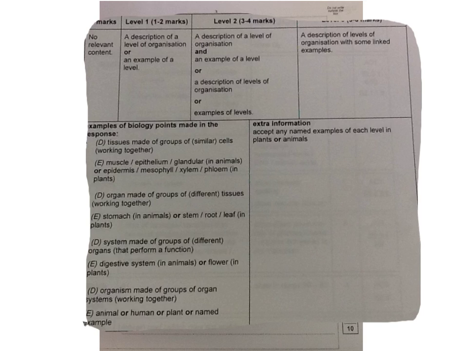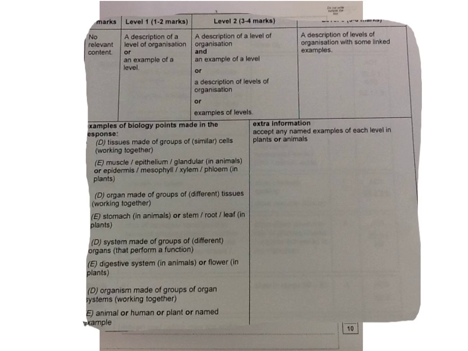It says specifically here then, for 1 to 2 marks, there is a description of a level of organisation or an example of a level. By that it means you give a description of a tissue, a description of an organ or an organ system, or you've provided an example of one of those levels.